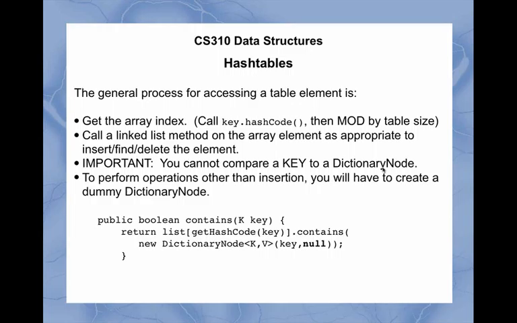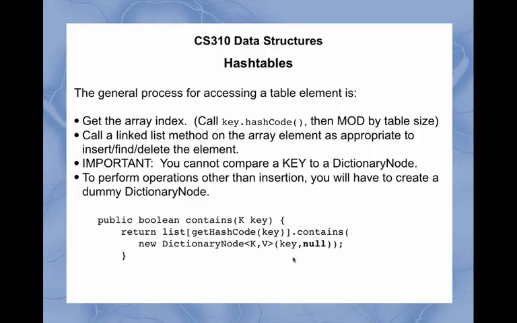So this is an example of contains. This returns true if the linked list has this particular element. To perform this contains method on the linked list, you have to pass in what you're checking for. So you create a new dictionary node, and you have the key because you're searching based on the key, but you do not have a value.